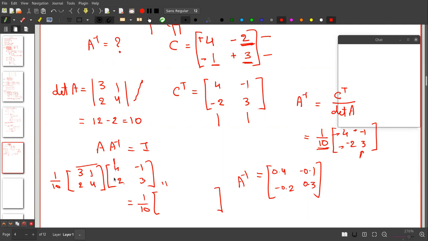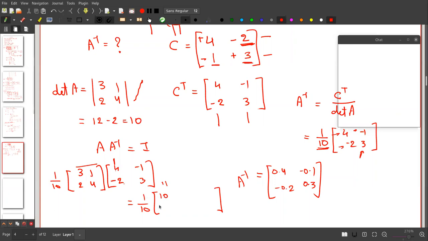Okay, have I missed some sign? Here should be minus 2. So 3 multiplied by 4, 1 multiplied by minus 2. So what does it give? 3 into 4 minus 1 into 2, because 2 is minus, so it gives 10. Fine, the first term becomes 10.